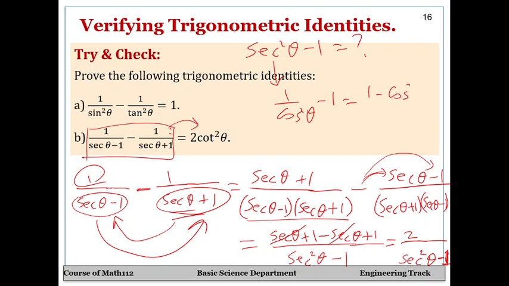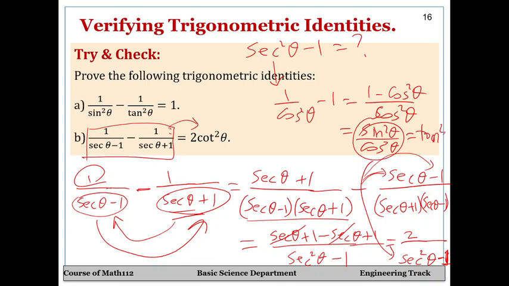You can do cosine squared theta over cosine squared theta. Then this will be like sine squared theta, and so you can put this here. So this is something like tangent squared theta. So it will be 1 over tangent squared theta, and it will give you cotangent squared theta.